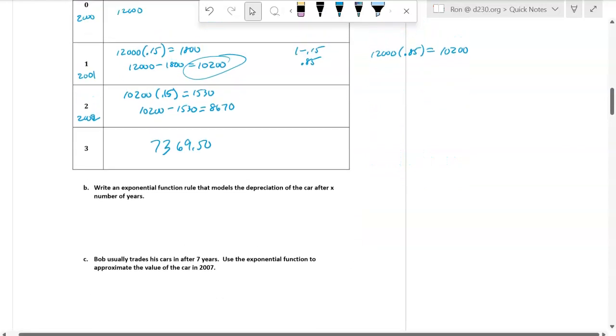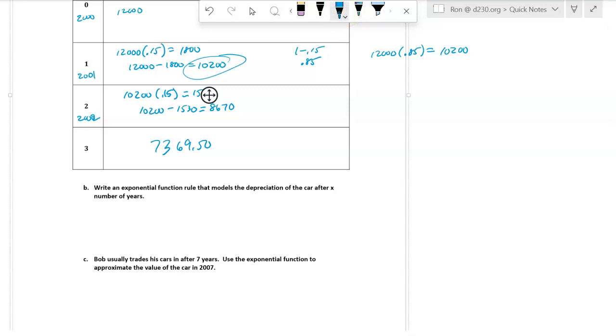So here, if I wanted to figure out a model for this situation, it would be f of x equals, what was the initial amount? 12,000 times 1 minus, remember, 15% as a decimal is 15 divided by 100, which is 0.15.